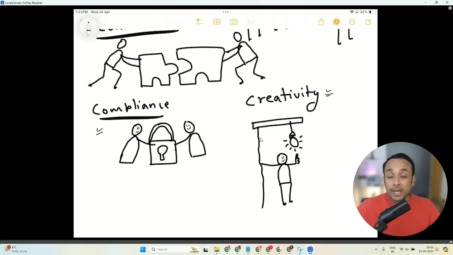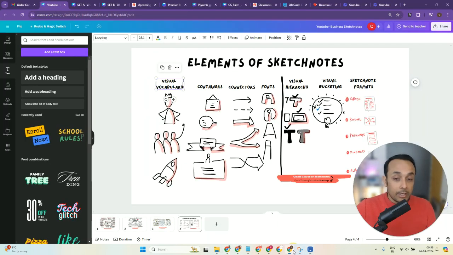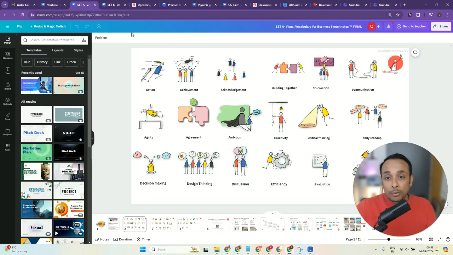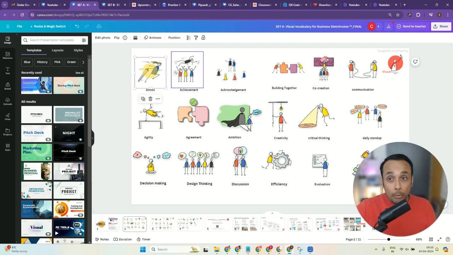Now these are some of the hand drawings which you have learned to draw, but if there is a case where you have to include these icons in your PowerPoints directly and you don't have time to draw, then what we have done is we have already created it for you. So these are our sets of icons which we have created in Canva, and you can just move it and make your PowerPoints.